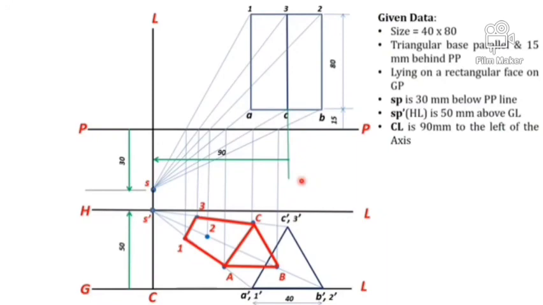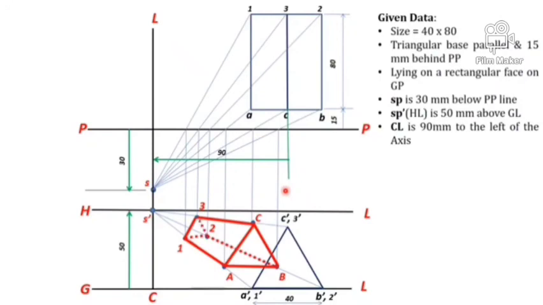Now let's check any edge which is crossing this visible edge within the boundary. A line crossing a visible edge will be invisible. You can find the edge 2B. 2B is an edge which is crossing the visible edge AC, so that will be invisible. So you get a dark dotted line.